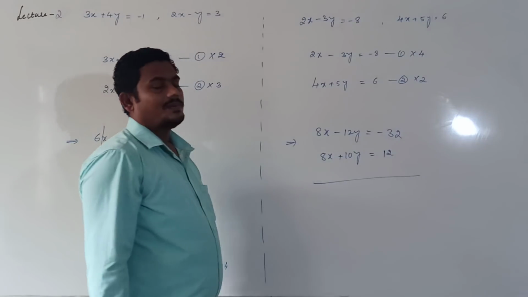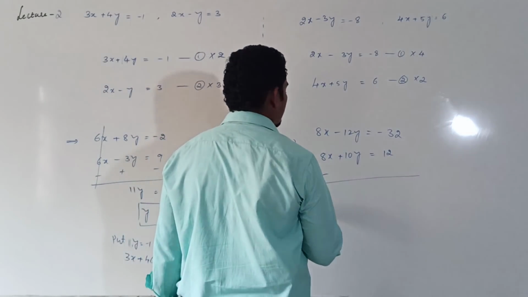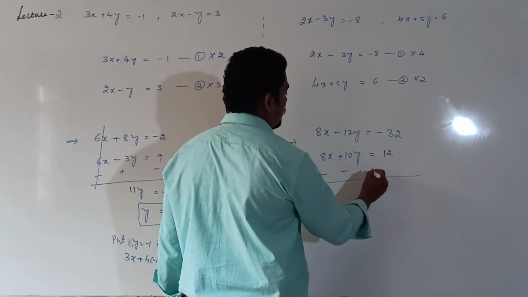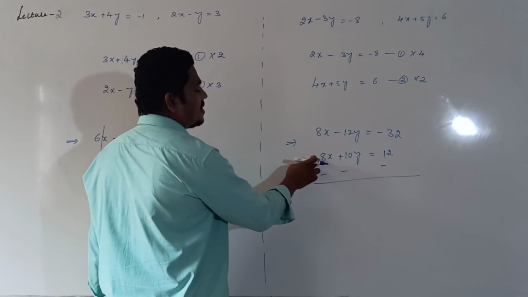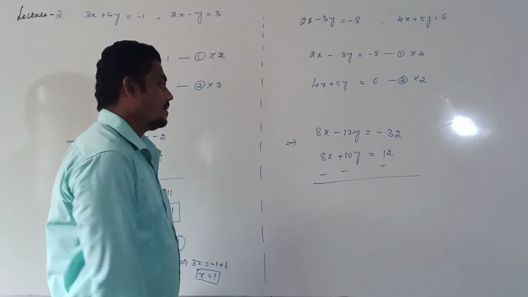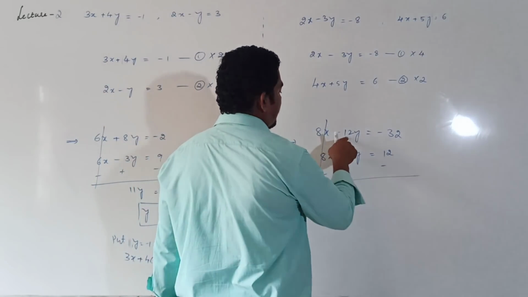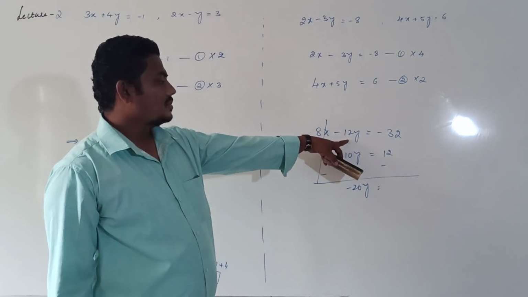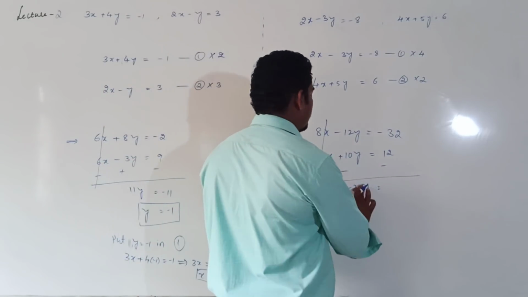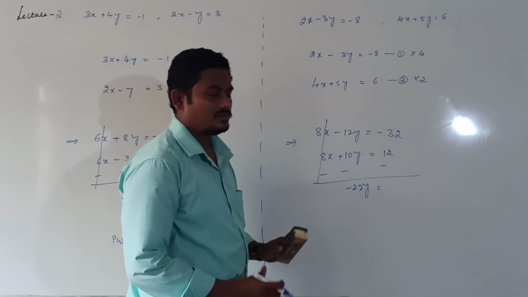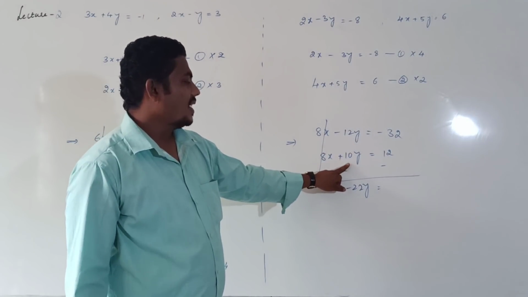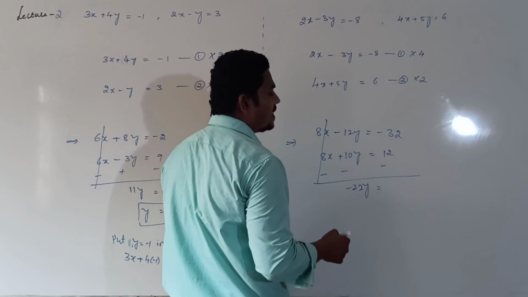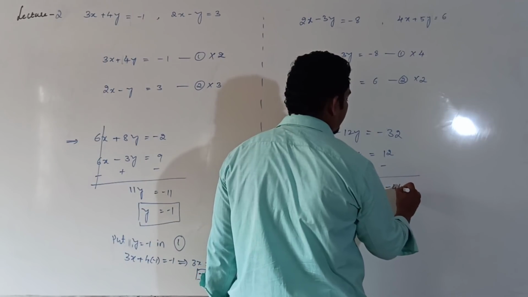After this, the signs: positive, just take its reverse sign, and the 8x terms get cancelled. Minus 12y minus 10y, that means minus 22y, equal to minus 32 minus 12, that is minus 44.